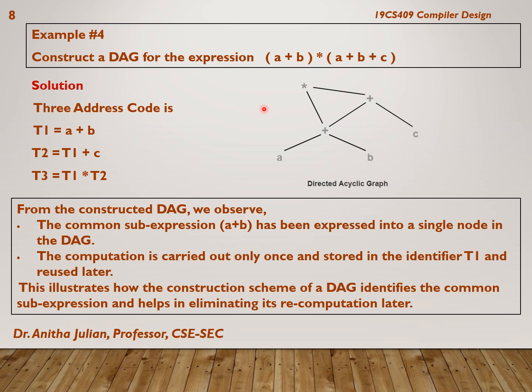We are not recomputing A plus B. While drawing the syntax tree, we were recomputing A plus B, but here it is not recomputed. Already it is computed and the values are available, so we utilize it. This is the advantage of drawing the DAG. If I draw the DAG, I am able to identify the common sub-expressions and avoid recomputation of the same.